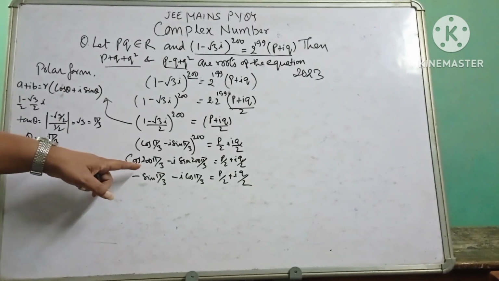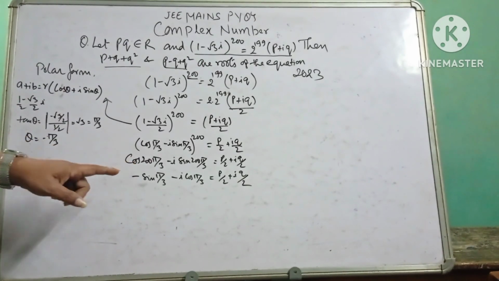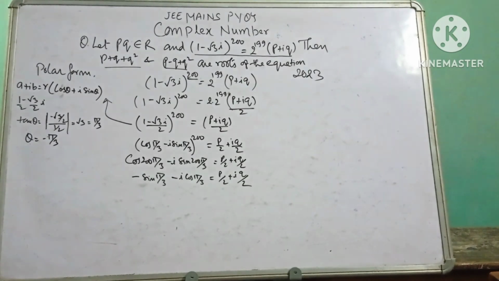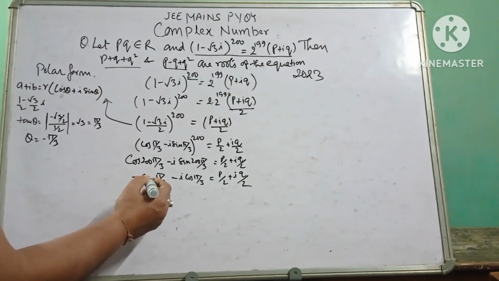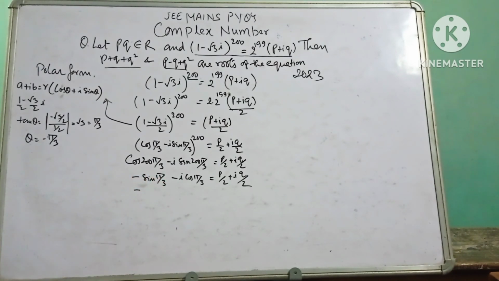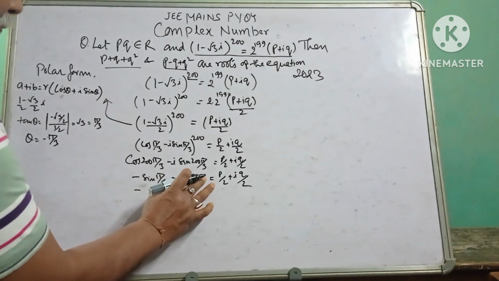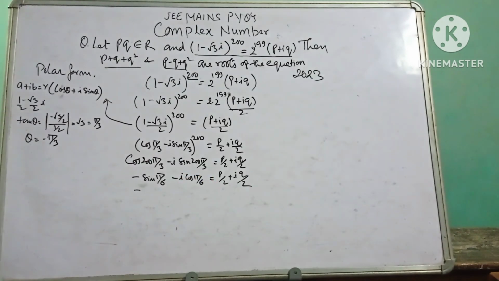This is your class 11 level. You can find it out easily. So it comes out to be minus sine pi by 3, and this comes out to be minus cos pi by 3. So here your pi by 3 comes out to be pi by 6.